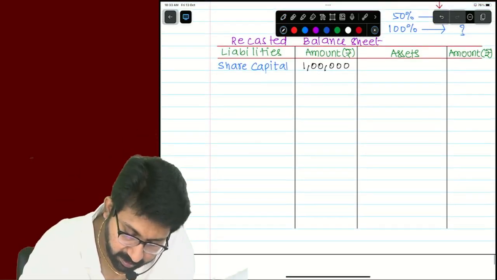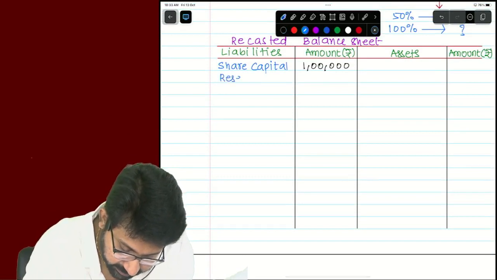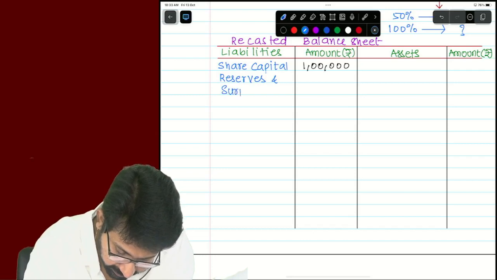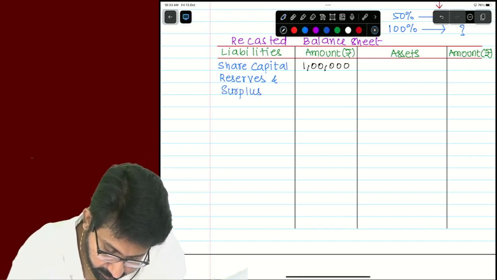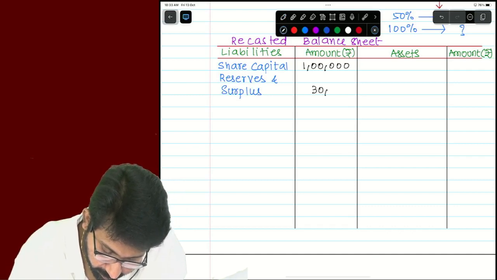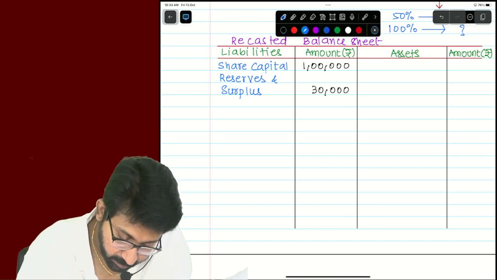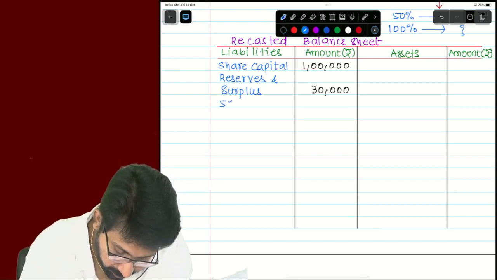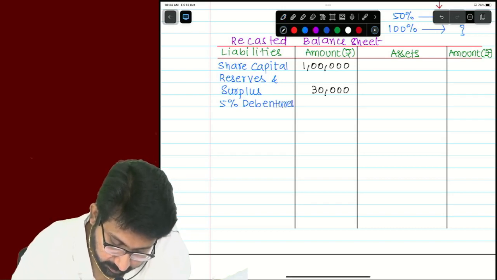Second one, other shareholders' funds, I will call it reserves and surplus. How much is it? 30,000. Third one, value please.